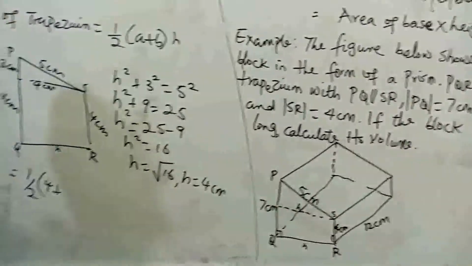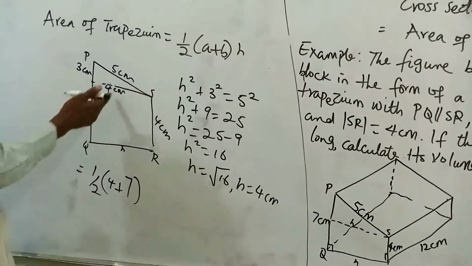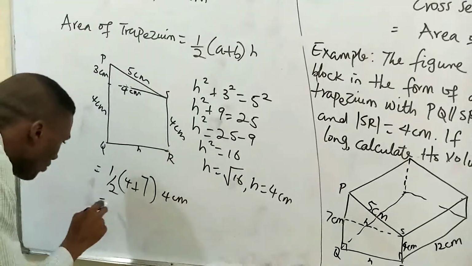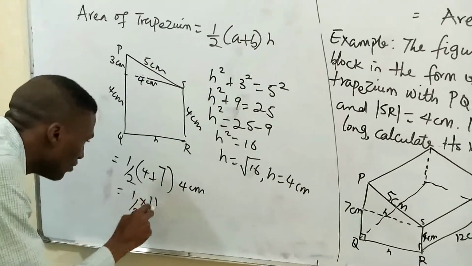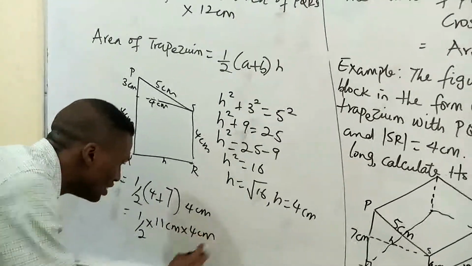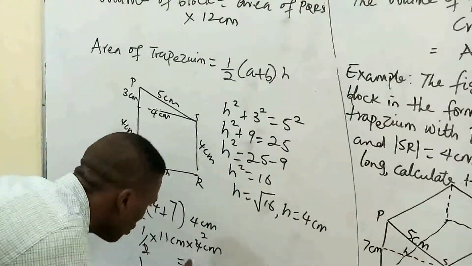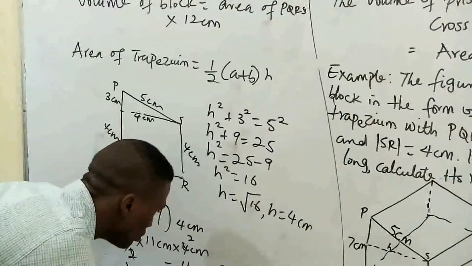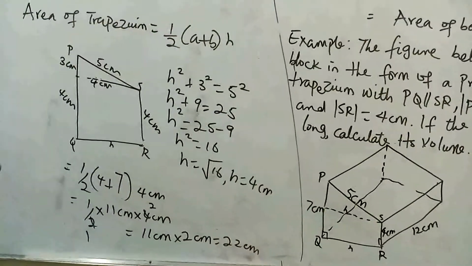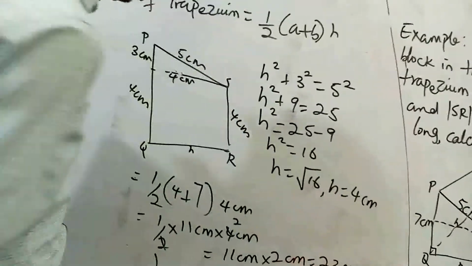So we have half into bracket 4 plus 7 times our height, which is 4 cm. This will give us half times 11, 4 plus 7 is 11, times 4 cm. 2 into itself is 1, into 4 we have 2. So 11 times 2 will give us 22. Okay, we have the area of our base as 22 cm squared.